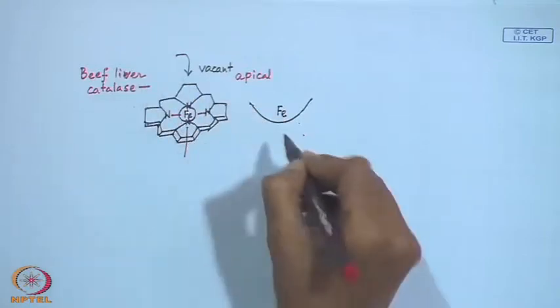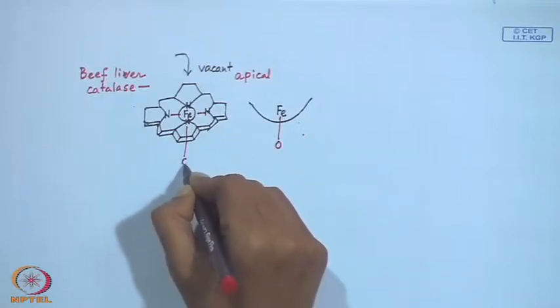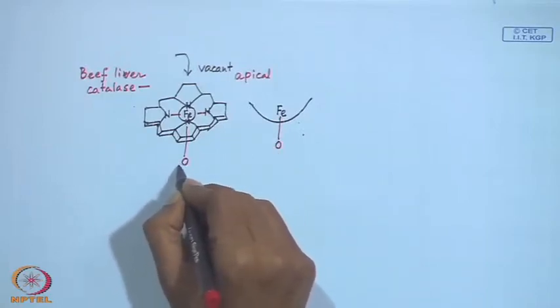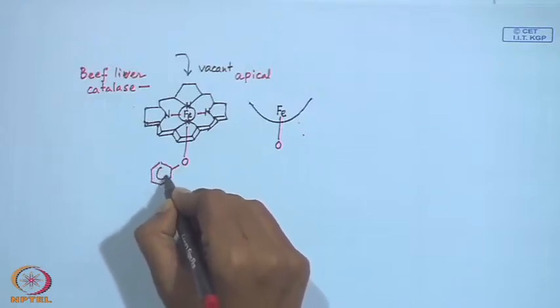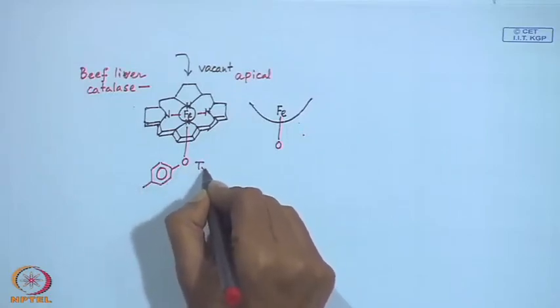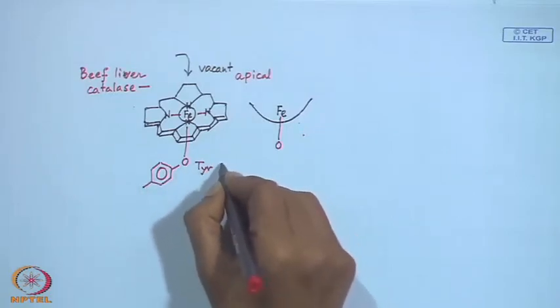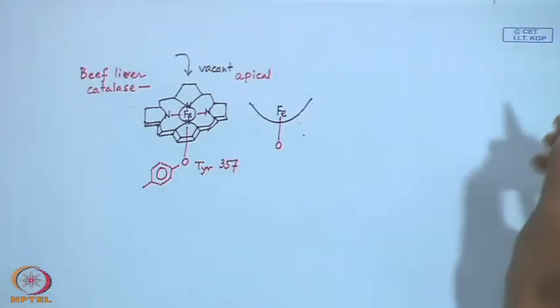Why is it bowl-shaped? Because you have the bonding from the tyrosine residue, its numbering is 357.